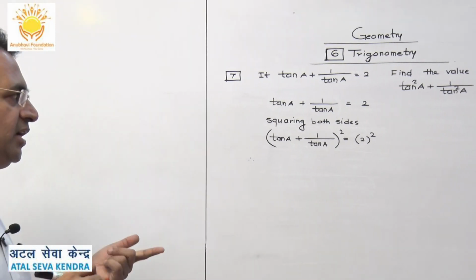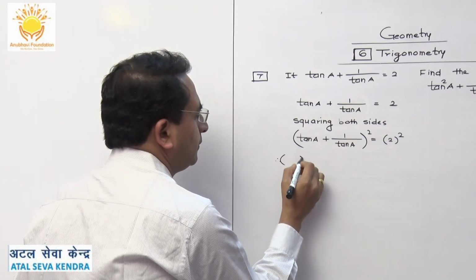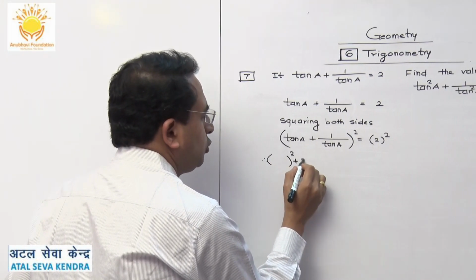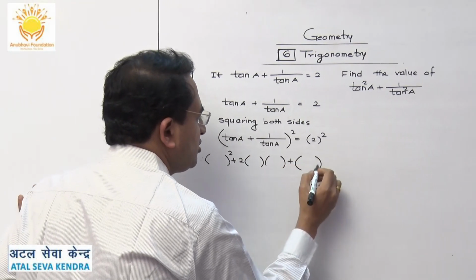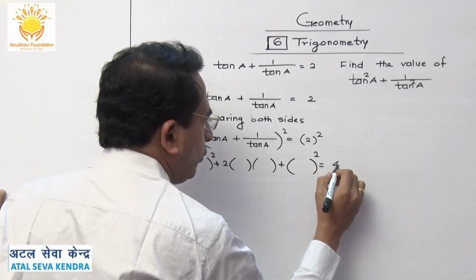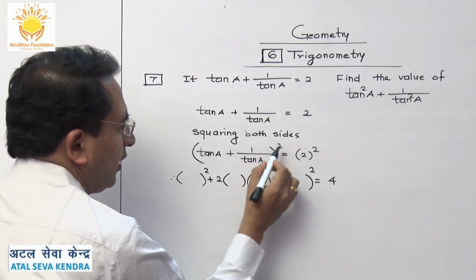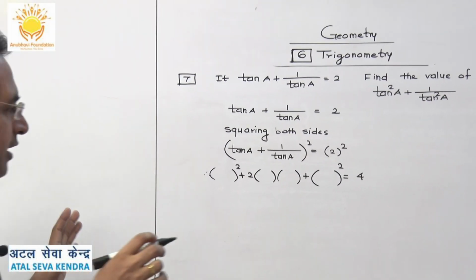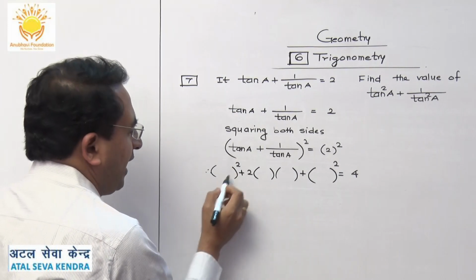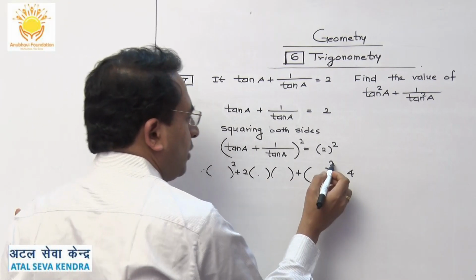A plus b bracket square is nothing but a square plus 2ab plus b square, is equal to 4. Remember this logic. A plus b the whole square is a square, just write bracket, plus 2ab plus b square.